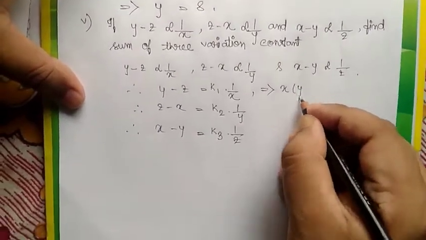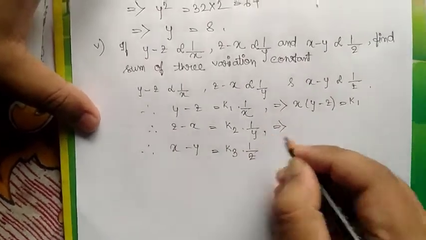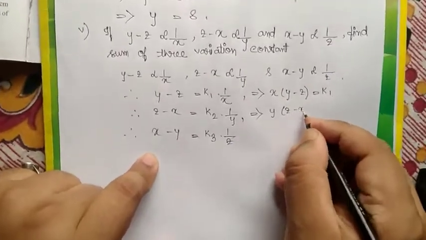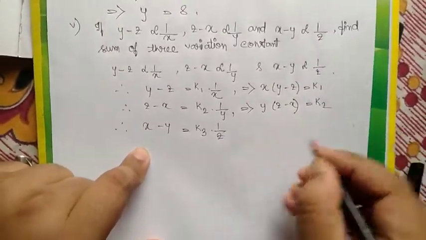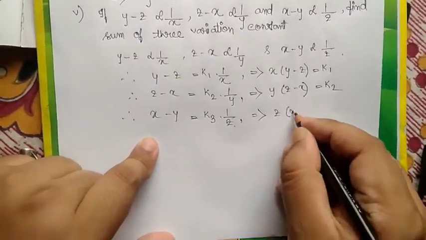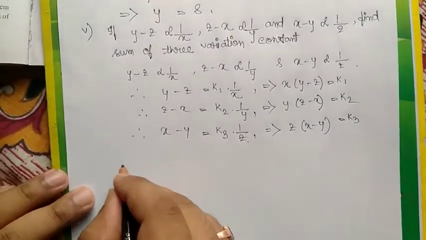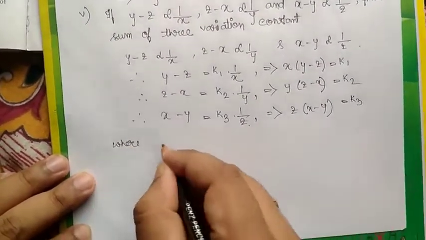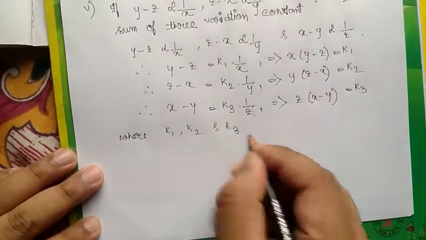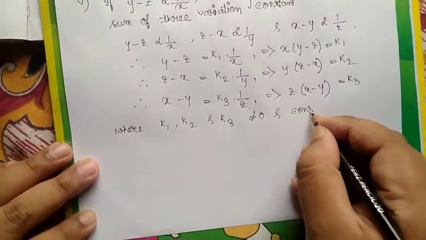So therefore we can write, if we cross multiply this, x into y minus z equal to k1, y into z minus x equal to k2, z into x minus y equal to k3, where k1, k2 and k3 not equal to 0 and are constant variation.